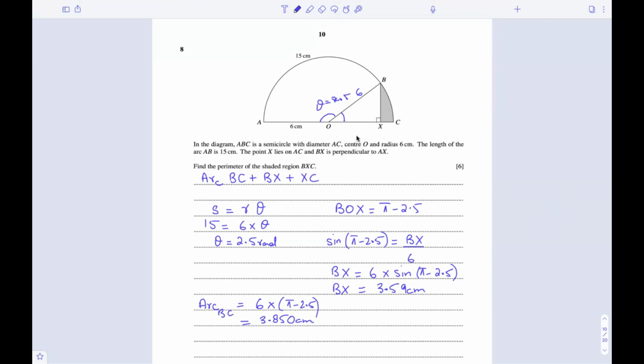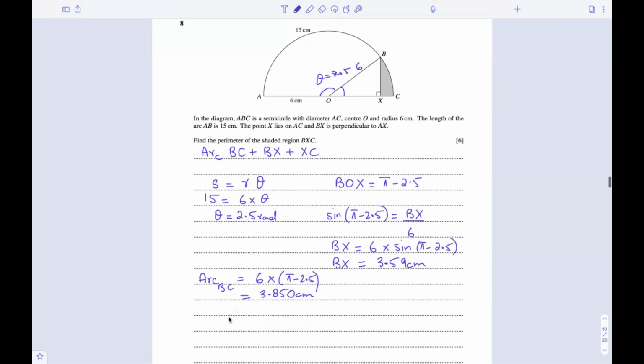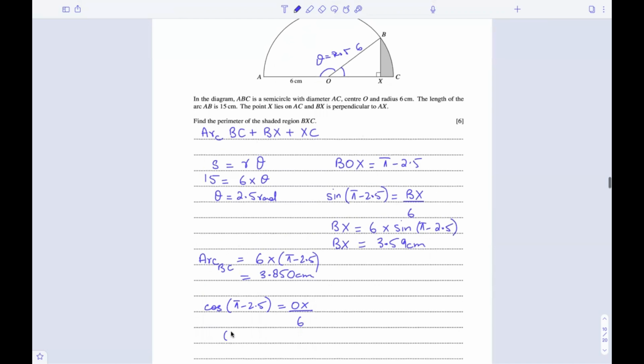So using cos of pi minus 2.5, we can write OX, which is adjacent upon hypotenuse, which is 6. So the length of OX will be 4.807.